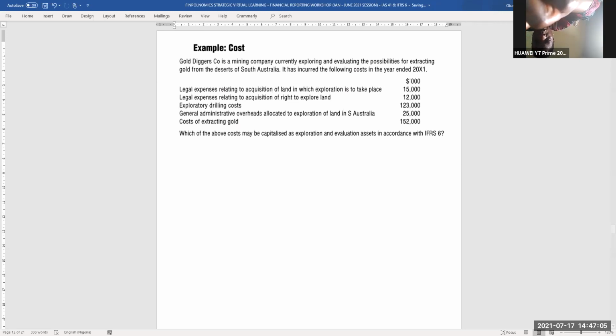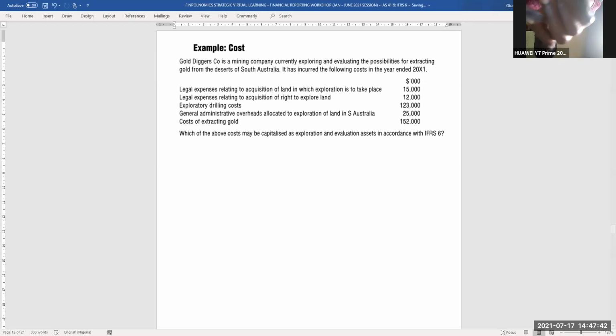Gold Diggers Co. is a mining company currently exploring and evaluating gold from the desert of South Australia. It has incurred the following costs in the year ended 20X1. Legal expenses relating to acquisition of land in which exploration is to take place, $15,000. Legal expenses relating to acquisition of rights to explore land, $12,000.